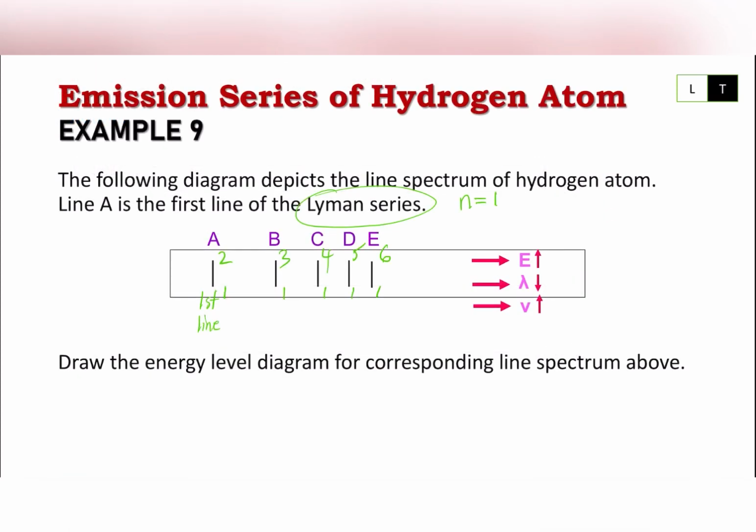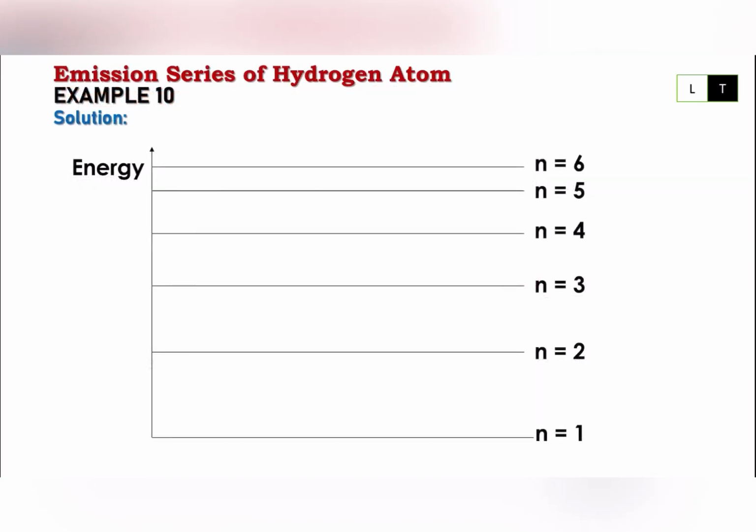My first line is what we call line A, followed by B, C, D, and E. I'm going to start with my first transition, n equals 2 to n equals 1. The electron falls back down from n equals 2 to n equals 1. This is what I have for line A.